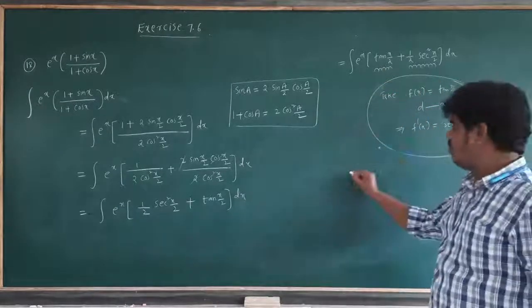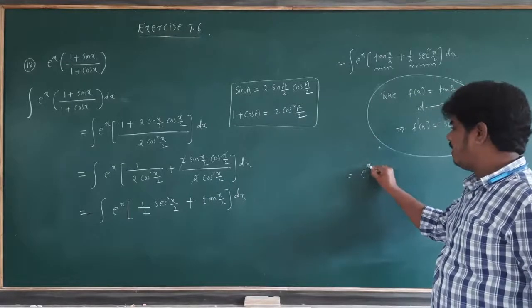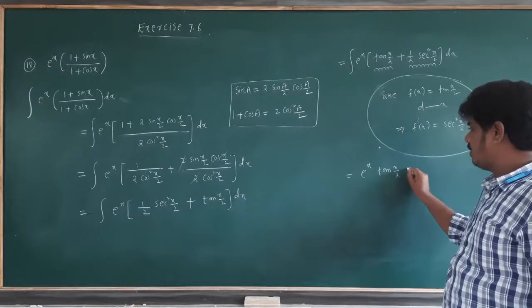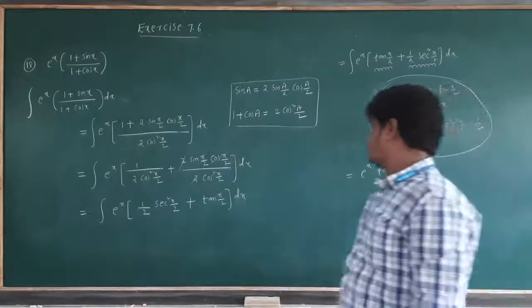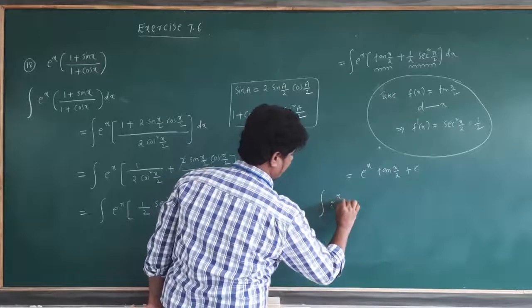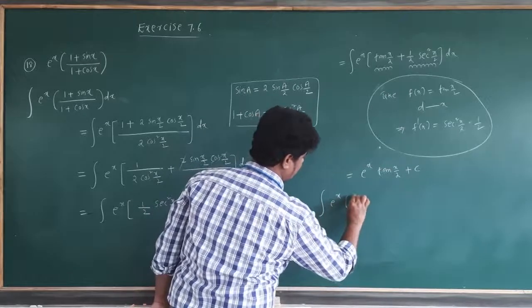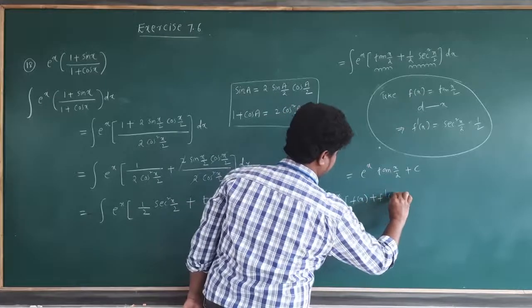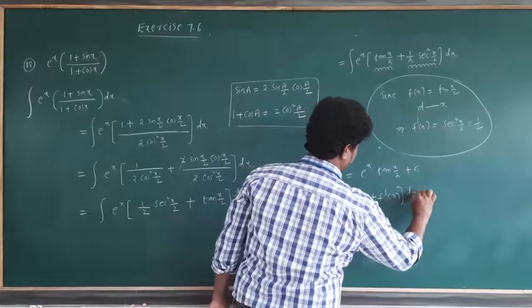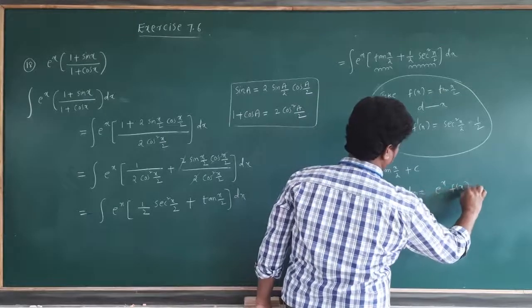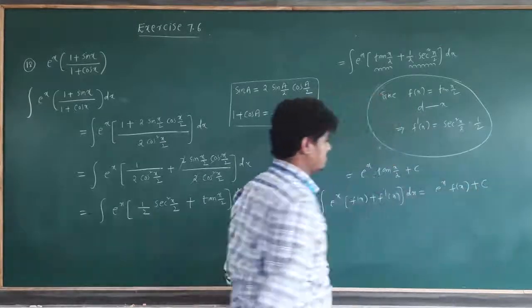So this equals e power x into tan(x/2) plus c, according to the formula: integral of e power x into f of x plus f dash of x dx equals e to the power of x into f of x plus c.